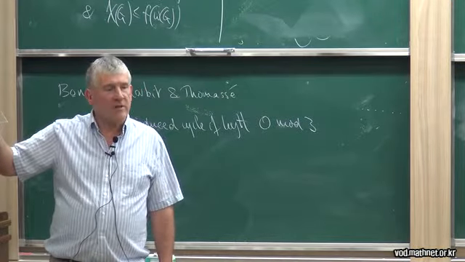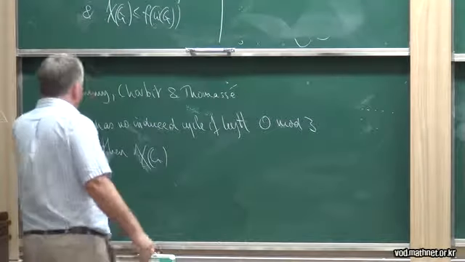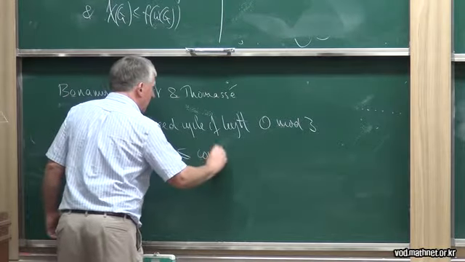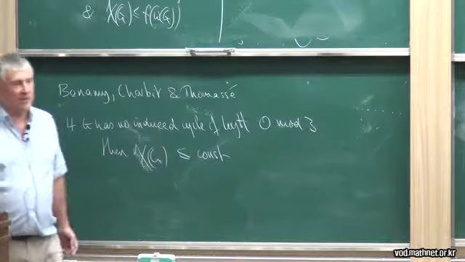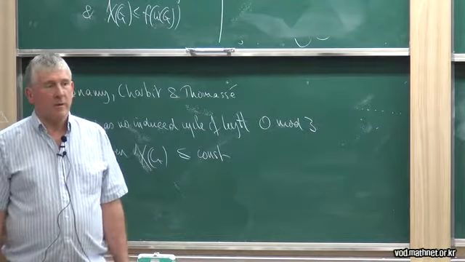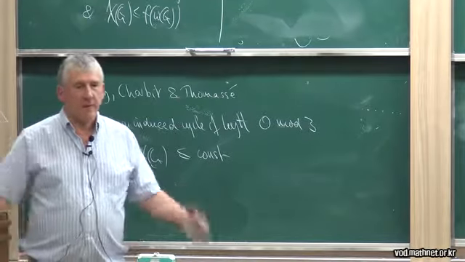You don't have any holes of length 0 mod 3. So, but what they can prove is the chromatic number is at most a constant. They give the constant, but I forget what it is. It's some big number. They conjecture 4, but they proved like 10 to the 10 or something.